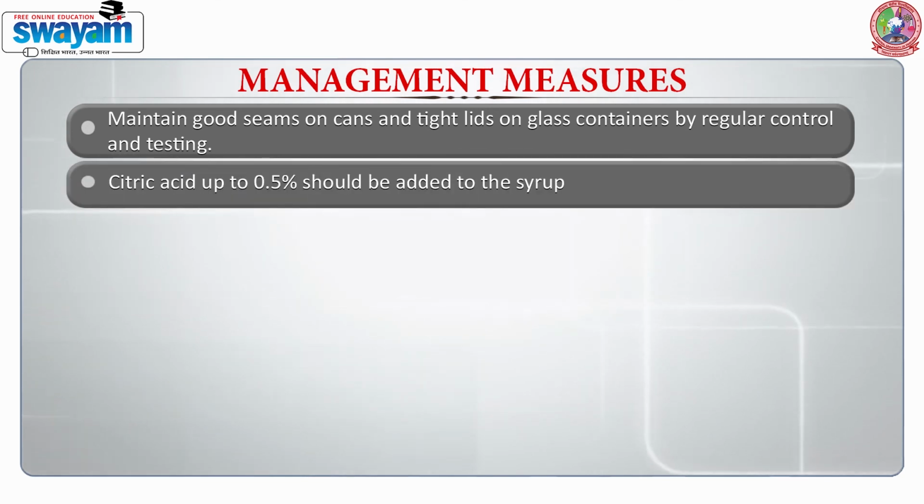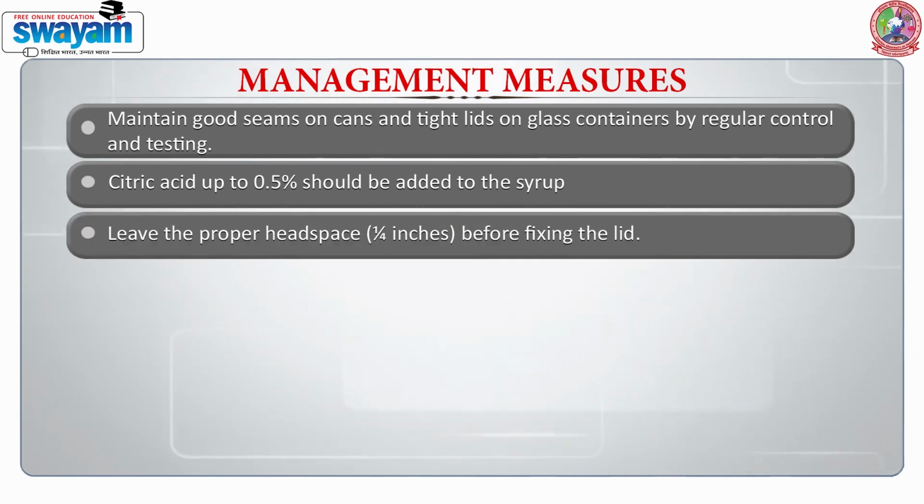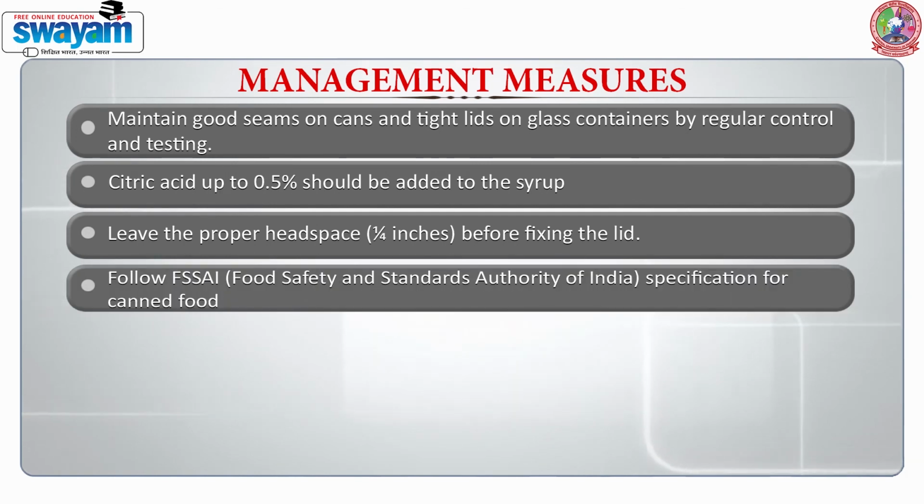Addition of citric acid at a concentration of 0.5% to the syrup is required. Next, leave a proper head space of approximately 1/4 inch, that is 0.25 inch, before fixing the lid, and one should follow the FSSAI, Food Safety and Standards Authority of India, specification for canned food.